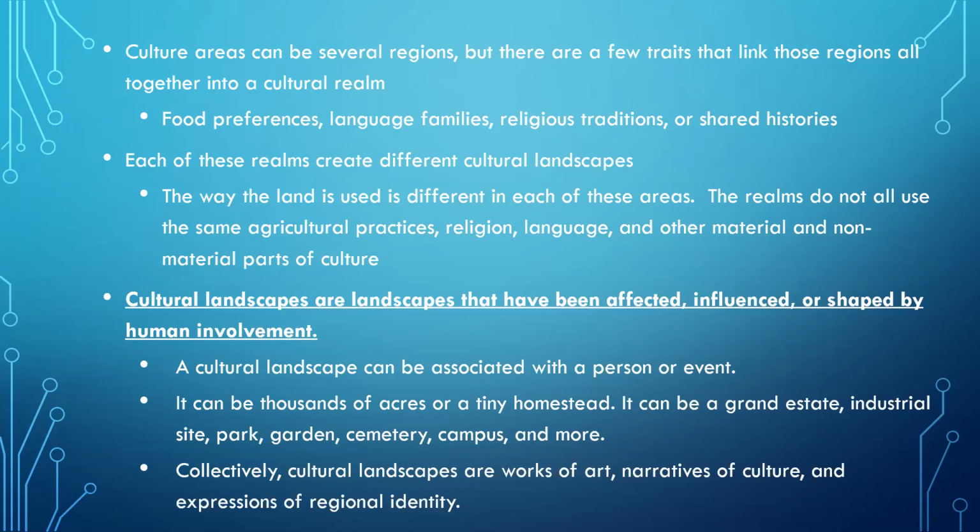There are things that we can see to determine a place easily: food preferences, languages, language families, religious traditions, shared histories. Each of these realms creates different cultural landscapes. The way the land is used is different in each of these areas. The realms do not all use the same agricultural practices, religion, language, and other material and non-material things.